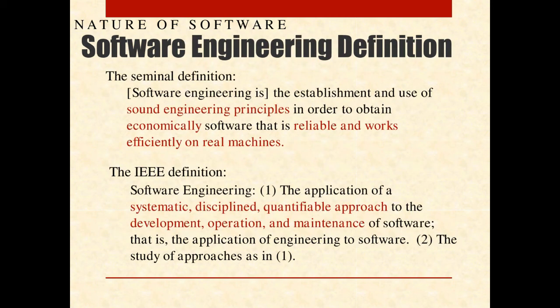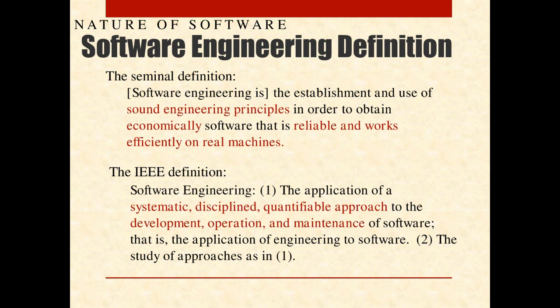Software engineering definition. Software engineering is the establishment and use of sound engineering principles in order to obtain economically software that is reliable and works efficiently on real machines. The IEEE definition.